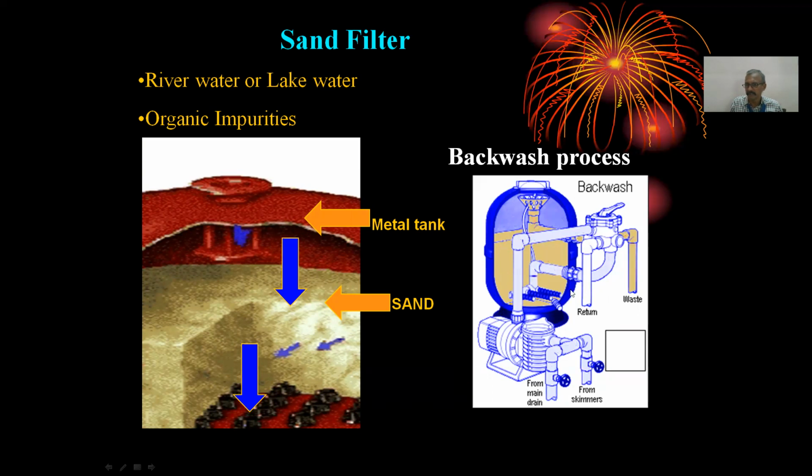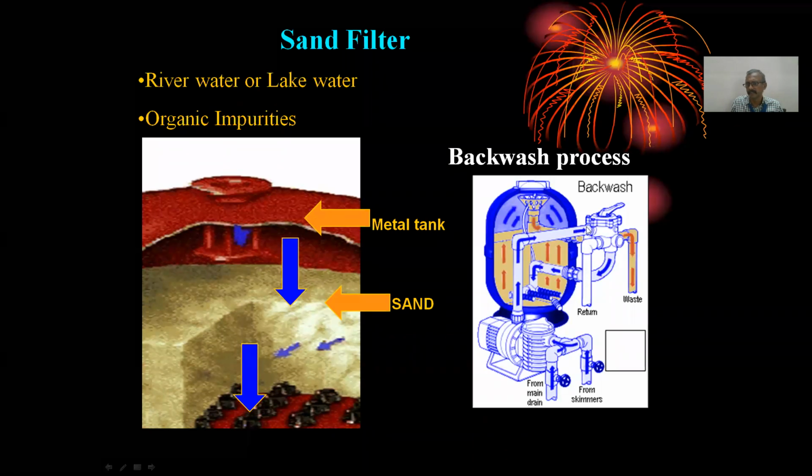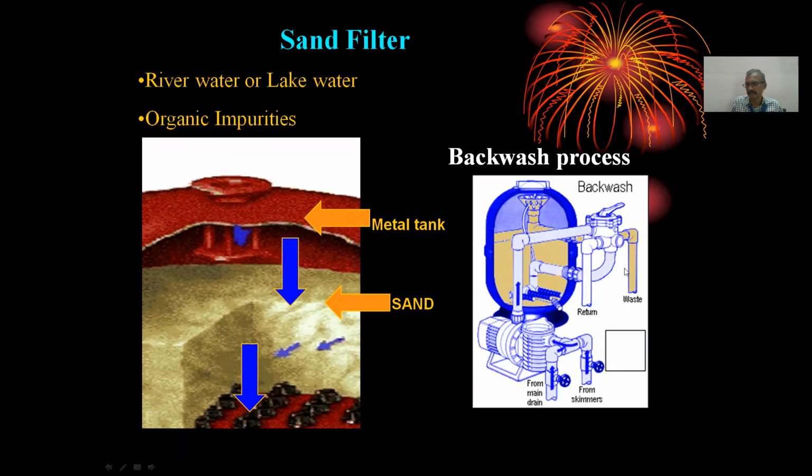Water is made to pass from bottom up, and the waste is collected and washed out. This is the way the backwash system works in a sand filter. In sand filters, you will find lots of valves to do this kind of backwash process.